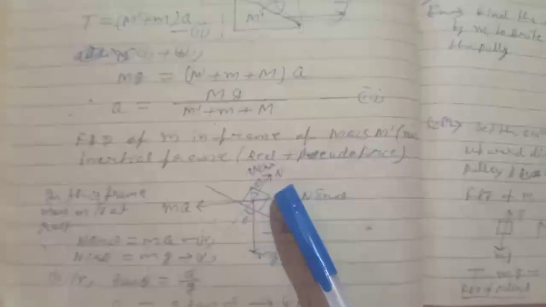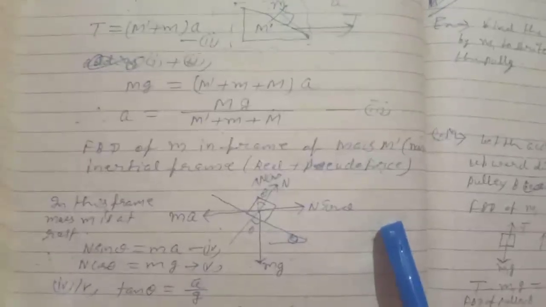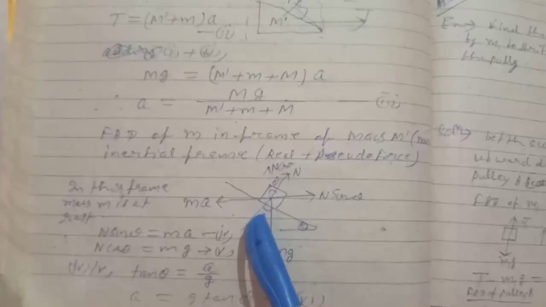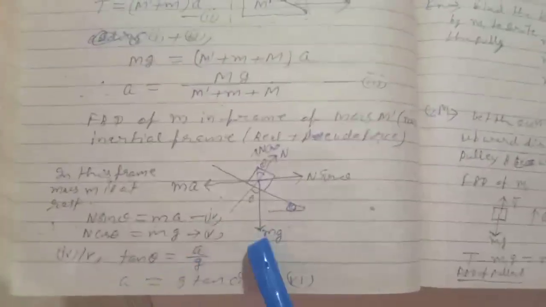Here the normal is in this direction, and because this frame is moving in this direction with acceleration A, we have to apply a pseudo force in this direction, ma, and the weight of the body in this direction. With respect to this frame the body is at rest, so we can write N sin theta equals ma and N cos theta equals mg. Dividing 4 by 5 we get tan theta equals a by g, or a equals g tan theta. This is equation 6.